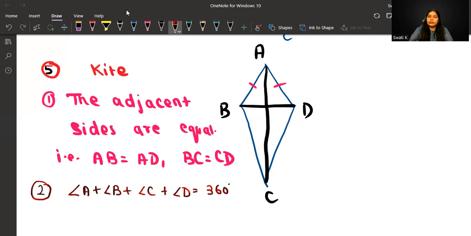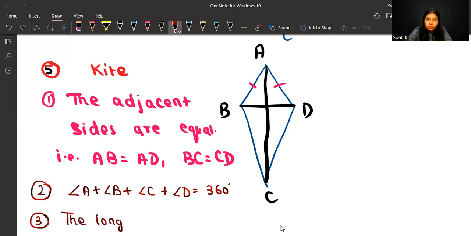All right. So here there is one very important property about a kite, about the diagonals. One diagonal is basically the perpendicular bisector of the other. You can see that we have two diagonals: one is the longer diagonal, AC, and the other is the shorter diagonal, BD. So the longer diagonal bisects the shorter one, that means AC bisects BD.